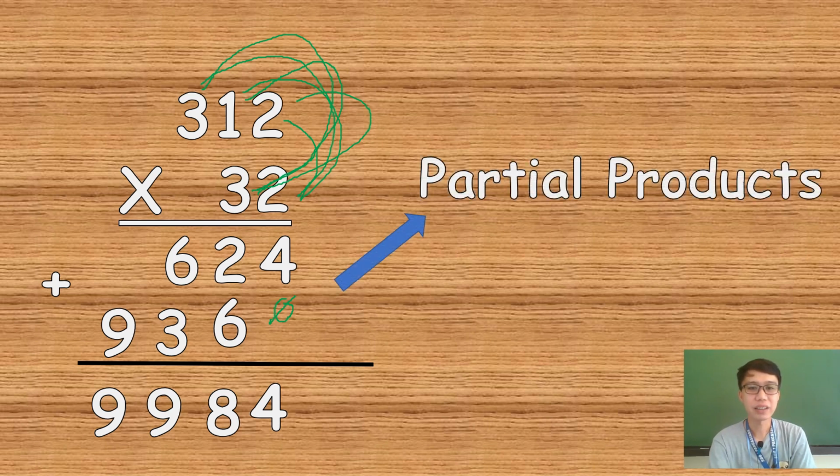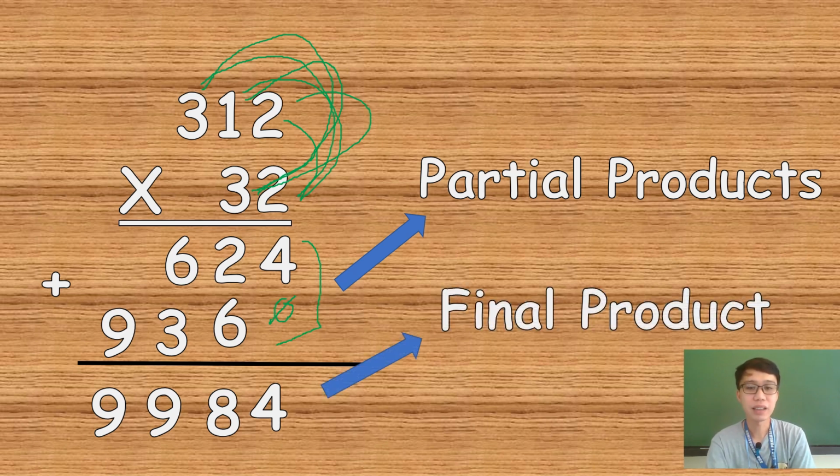The numbers here are called partial products, and the number here is called the final product. So therefore, the answer in our word problem is 9,984.